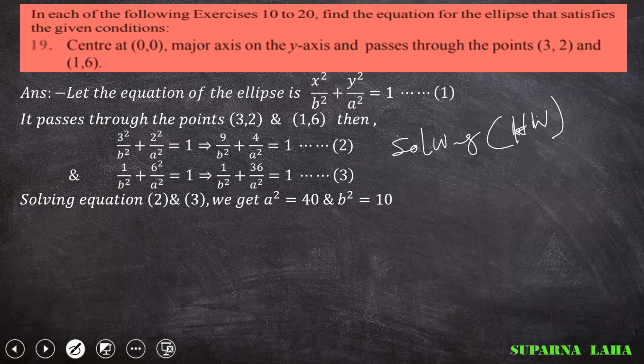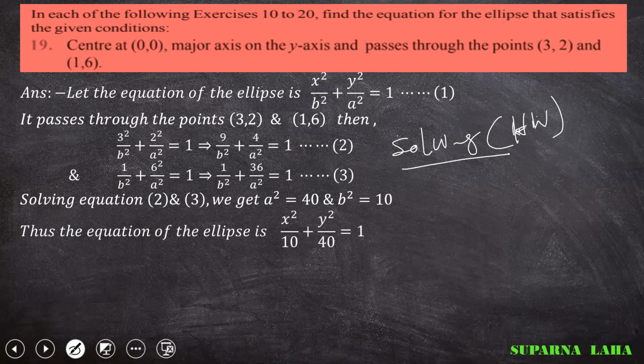Solve these two equations and find the value of a square and b square, and put these values into the equation. That will be x square by 10 plus y square by 40 is equals to 1. But the solution you have to show here, and this is your homework. Clear?